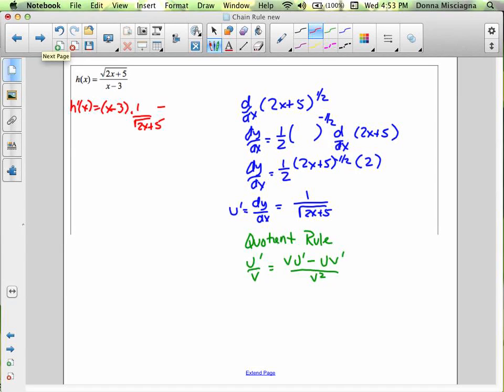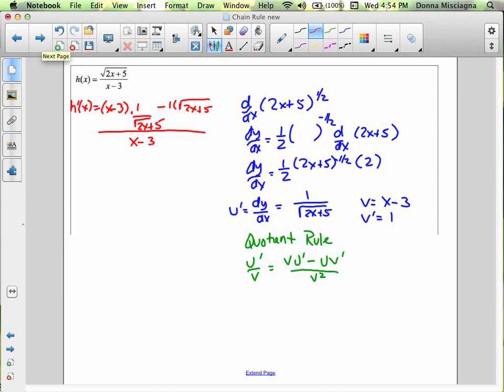And then minus the numerator times the derivative of the denominator, but that one's pretty easy. If v is x minus 3, v prime is just 1. So we have minus 1 times the square root of 2x plus 5, all over (x minus 3) squared.